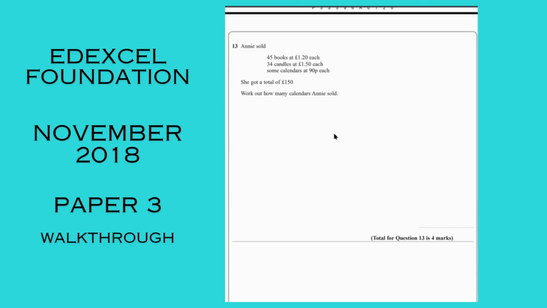Question 13. Annie's selling some books. This is definitely a grab your calculator situation. So for one line at a time, 45 books cost £1.20 each. So they're costing a total of £54. 34 candles at £1.50 each, giving you £51.